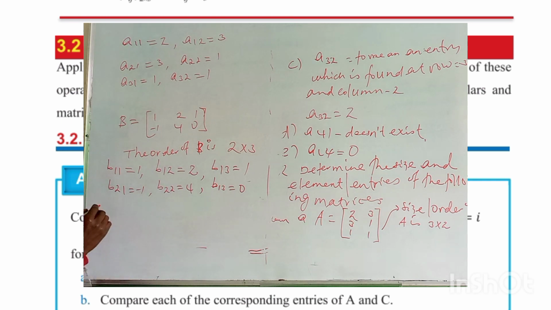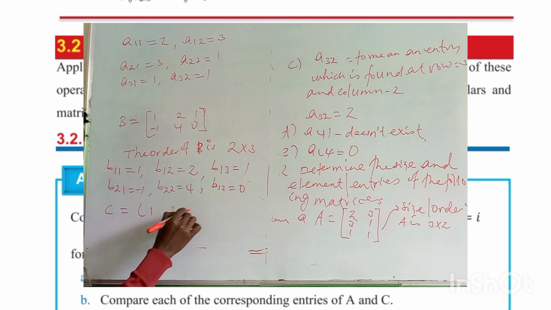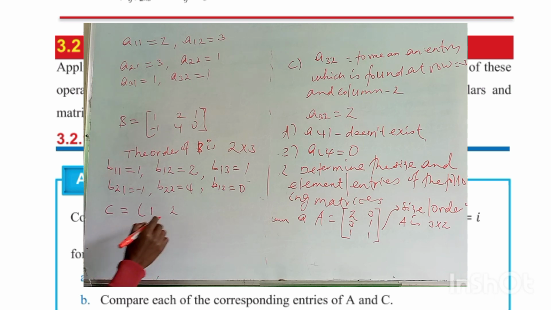The other one is question number 3, which is given in the form of 1, 2, 1, 3. As you can see, this is a row matrix, a matrix with one row.